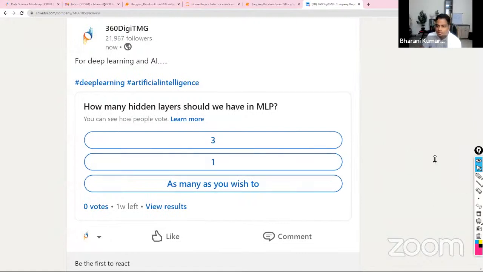How many hidden layers should we have in MLP? A, B, and C. Let me wait and see if I get the required responses.